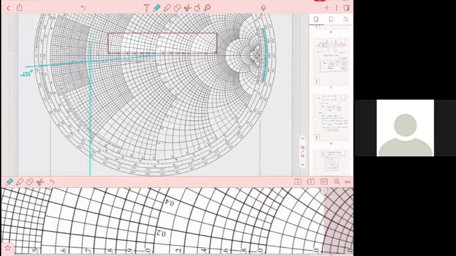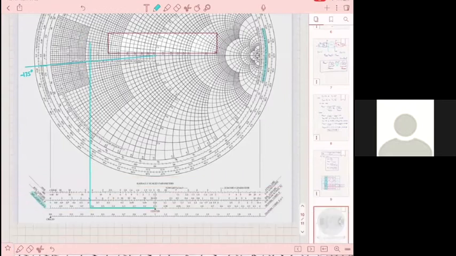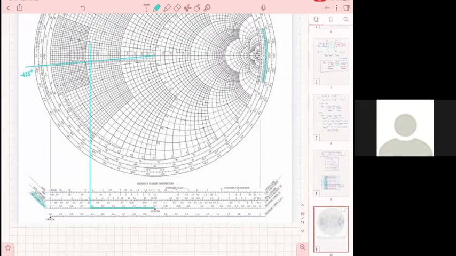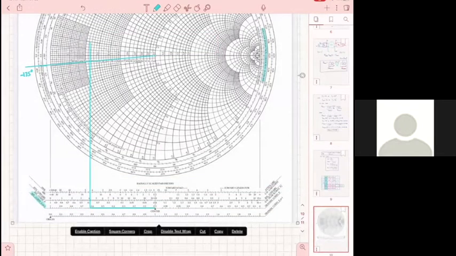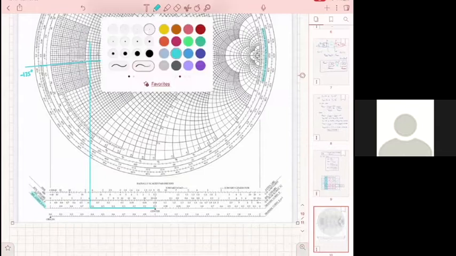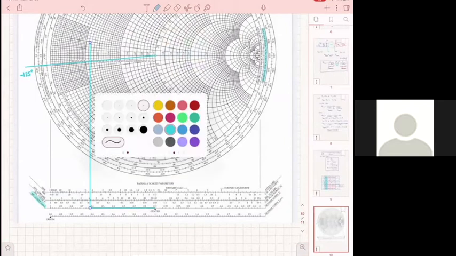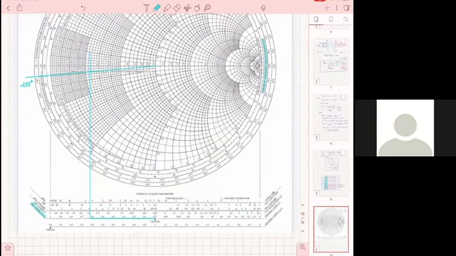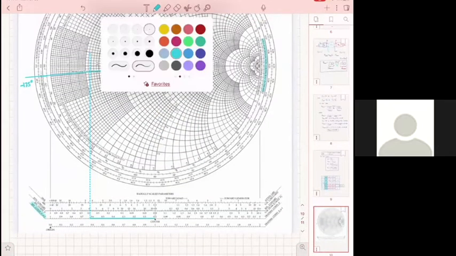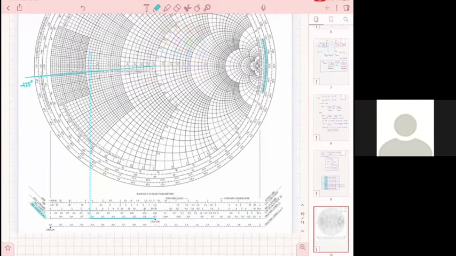Yes. We calculated. What is it? 0.629. Okay. It was the number you wanted. Okay, so what I was trying to do now is to draw a circle like this.